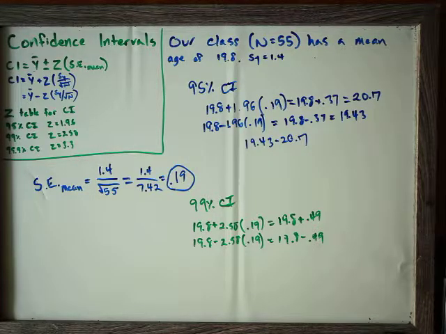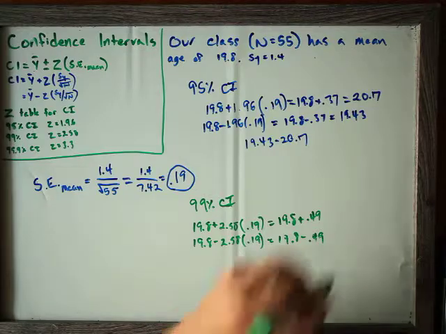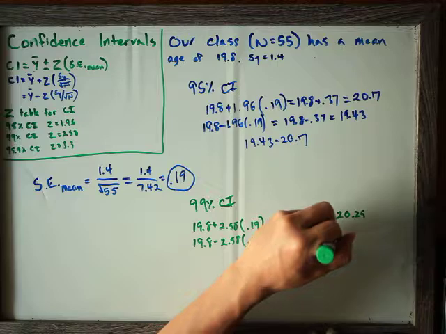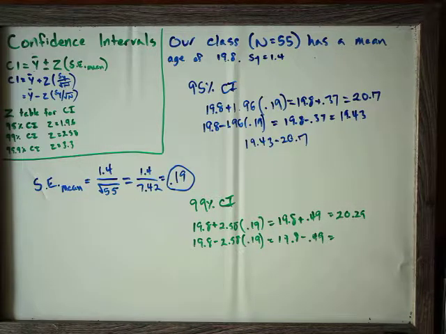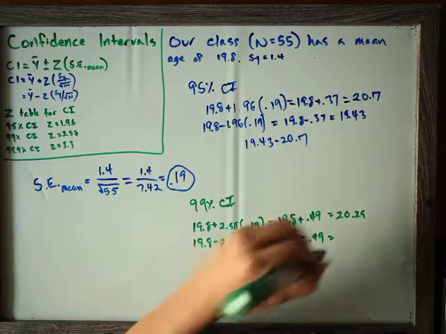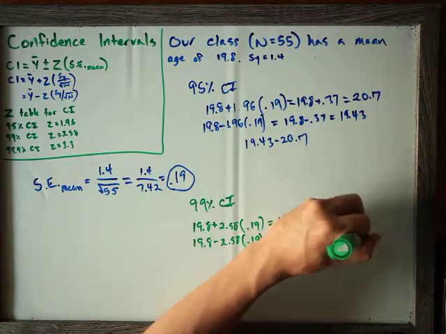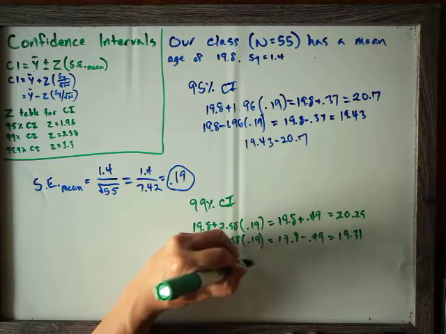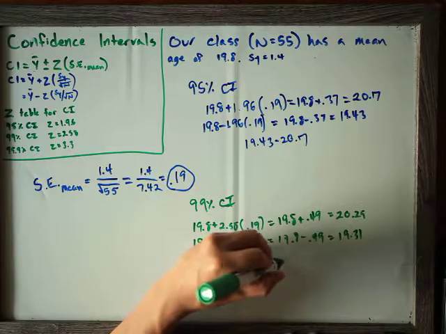So the upper bound is going to be 20.29, and the lower bound is going to be 19.31. So our confidence interval is 19.31 to 20.29.